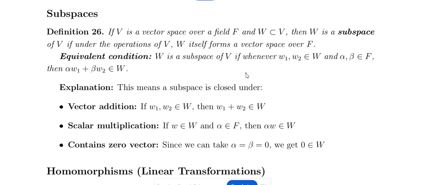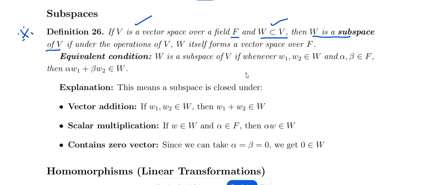Actually, they have given you only vector space in the syllabus. The subspace is a part of the vector space. V is a vector space over the field F, and W is a subset of V. W is a subspace of V under the operations of V, that is plus and scalar multiplication.